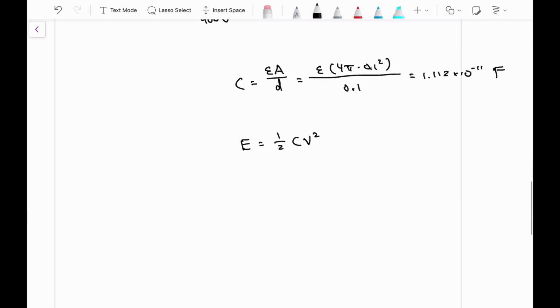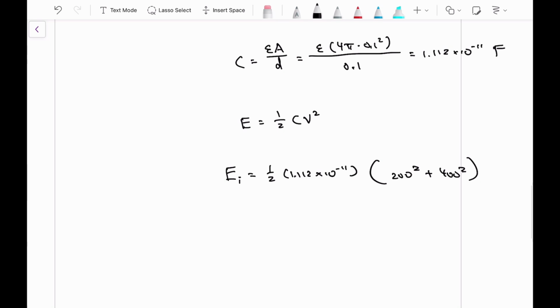So let's see, E initial will be equal to a half, and then C, times V squared. In this case, that will be equal to 200 squared plus 400 squared.